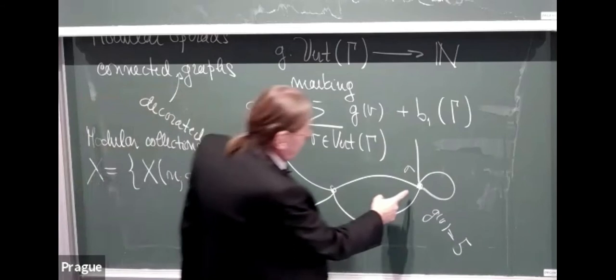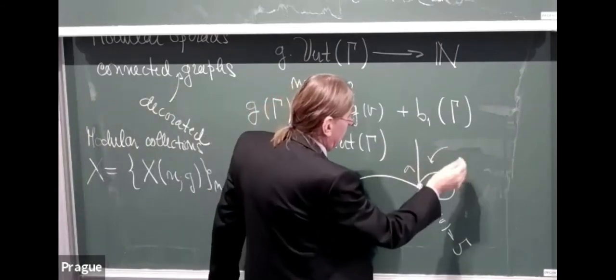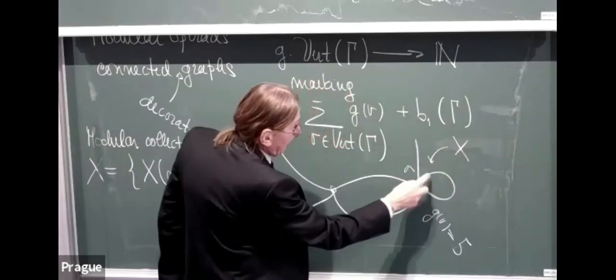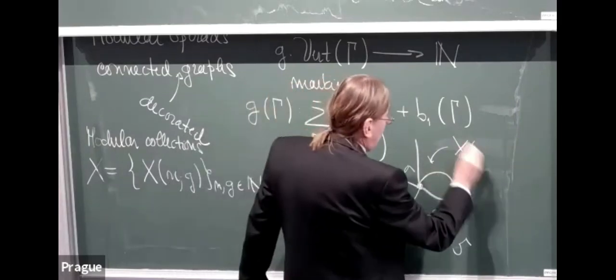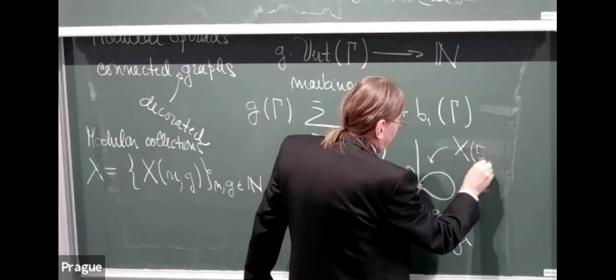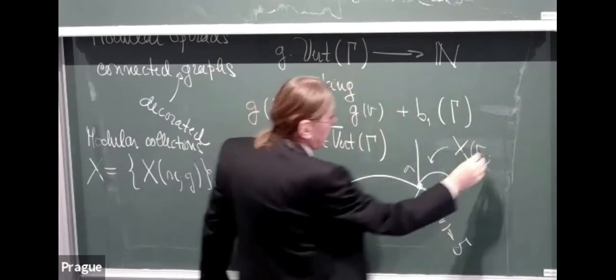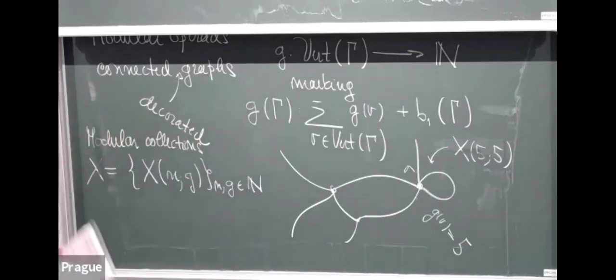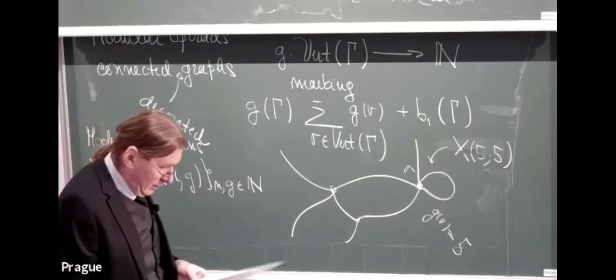Then this vertex will be decorated by something which is in X(1, 2, 3, 4, 5), and the genus is 5 as well. Okay, so this is the unbiased definition. You can figure out the axioms actually.